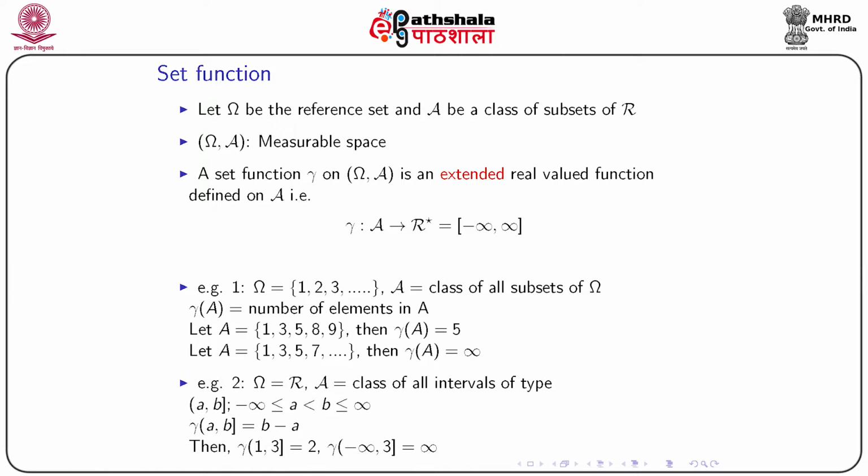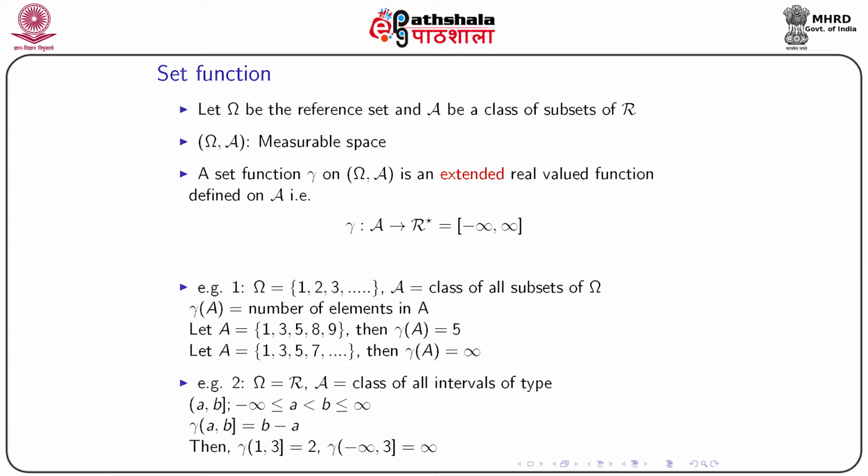Now a set function is defined on this measurable space. By definition, a set function gamma on this measurable space omega and script A is an extended real valued function defined on this script A. What do we mean by extended real valued function? We all know that the real line is minus infinity to plus infinity.